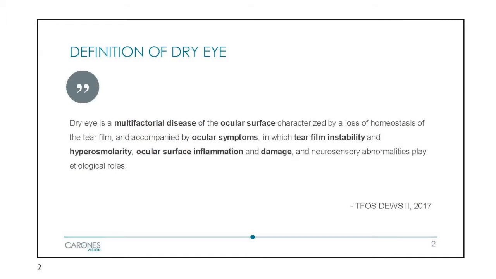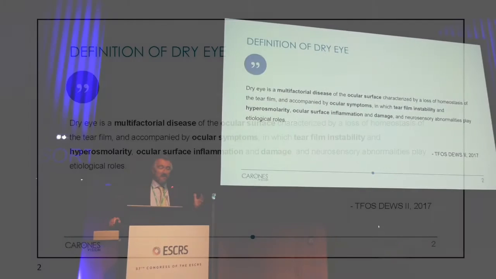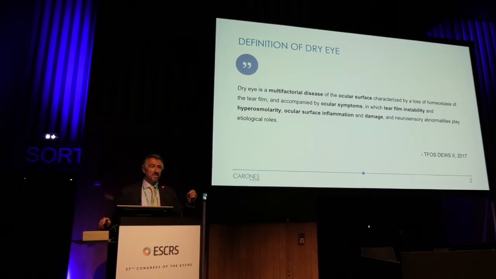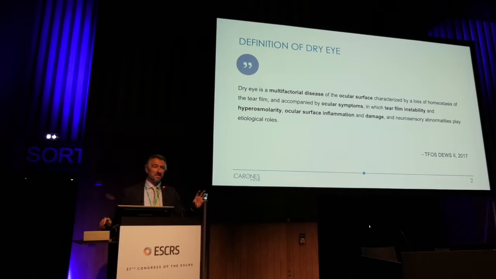There will be another meeting in 2020, and of course there will probably be some changes, but the definition you can see here is a multifactorial disease, a complicated disease where you can find ocular surface damage, hyperosmolarity, and visual fluctuation. If you want to make a proper diagnosis in order to decide the best therapy for your patient, you must check all this data before deciding which therapy may be the most effective.